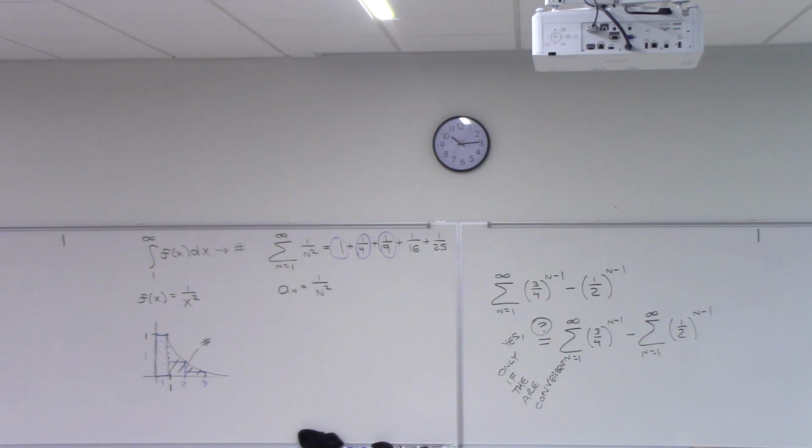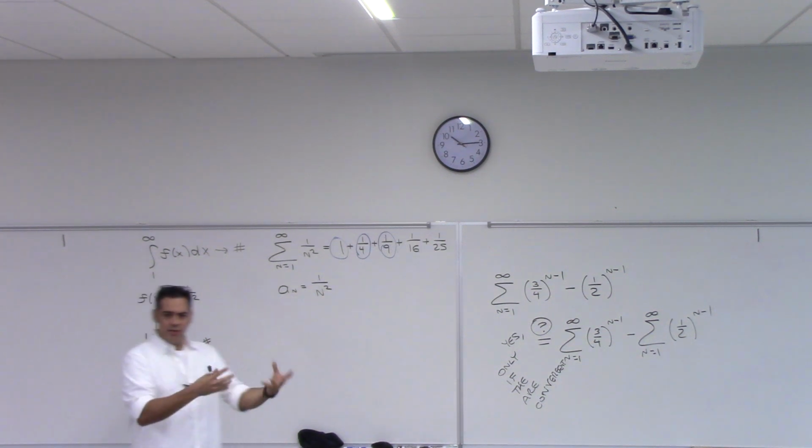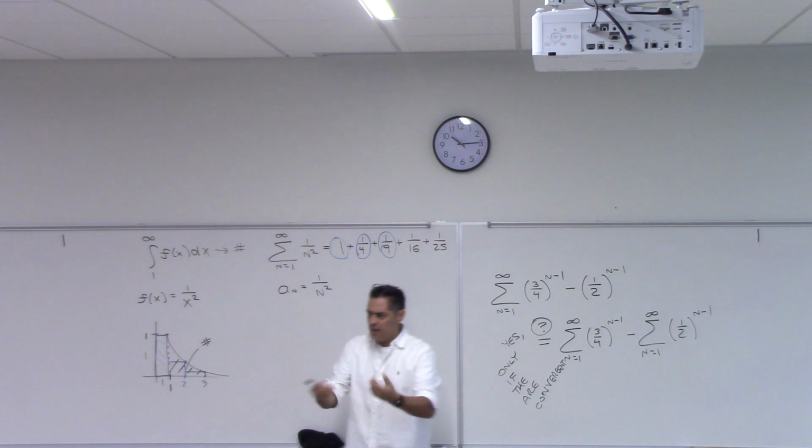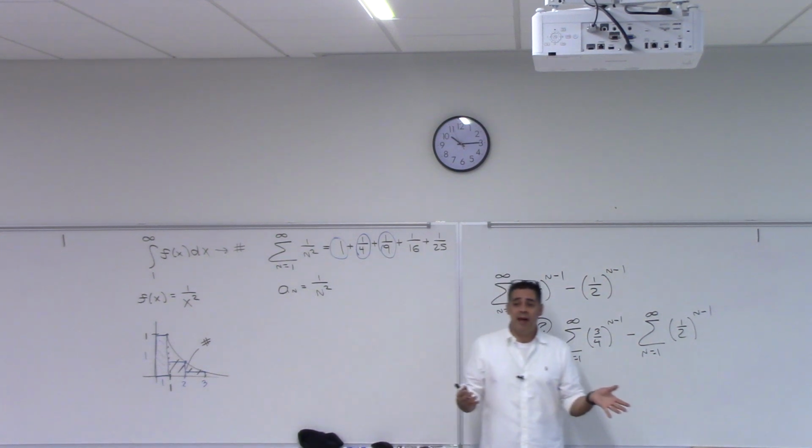With the exception of one rectangle. There's one rectangle out here, this one. That's not part of this graph, is it? But isn't this just one number? It's just one number, and one number does not change the convergence or divergence of something. That's what we just said. If I had 10 extra numbers, it wouldn't matter.